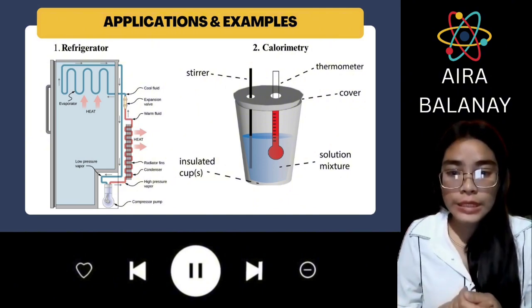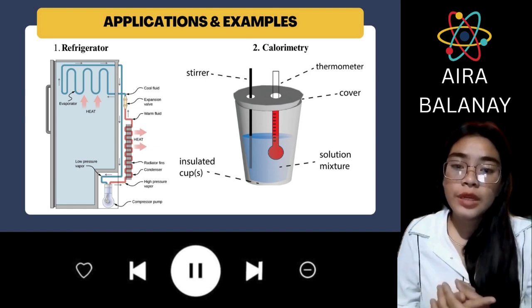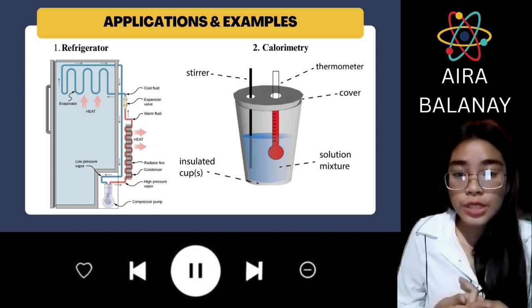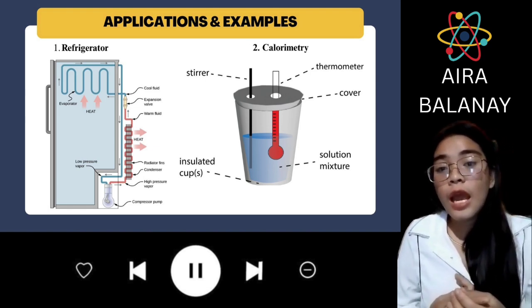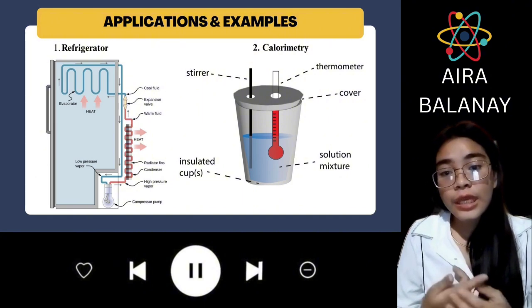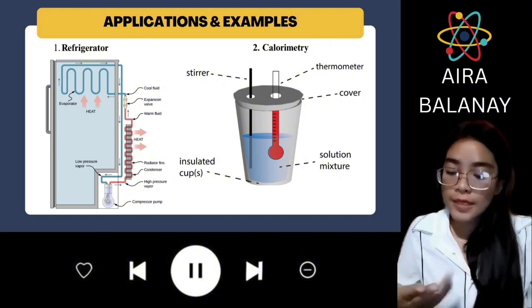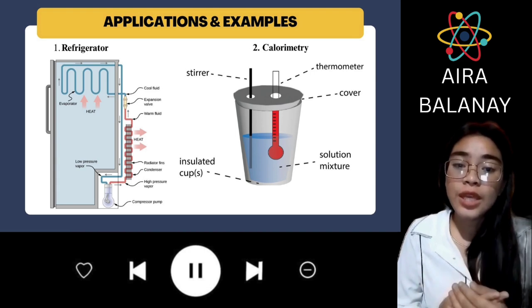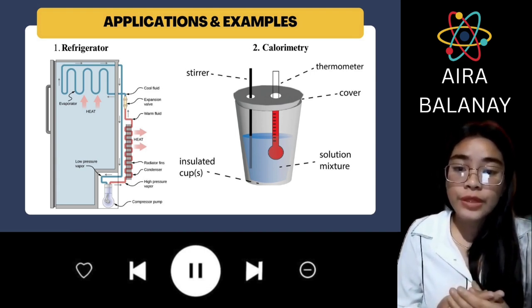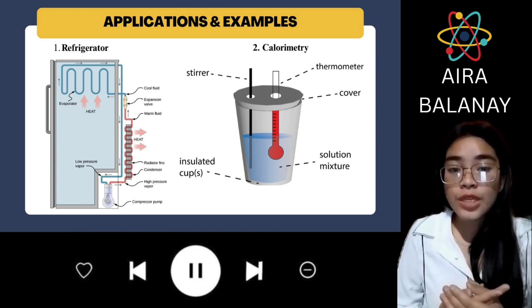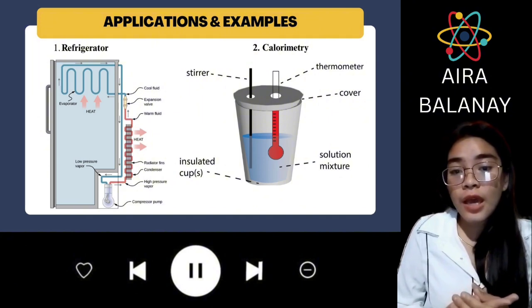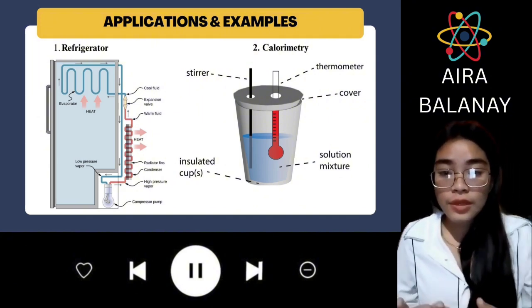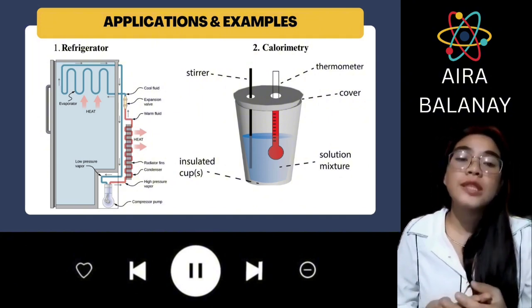The second one is the thermometer. The thermometer measures the temperature change in the mixture before and after the reaction to calculate heat absorbed or released. The third one is the cover. The cover prevents heat from being lost to the surroundings, improving the accuracy of calorimetric measurements by minimizing external influences. The fourth one is the insulated cup.